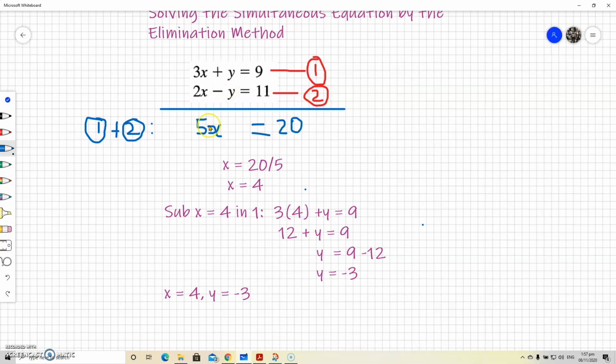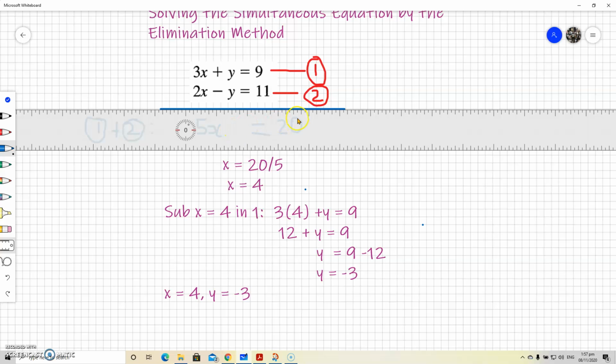Alright, now what happens when you have the same sign and the same coefficient? What do I mean by this?